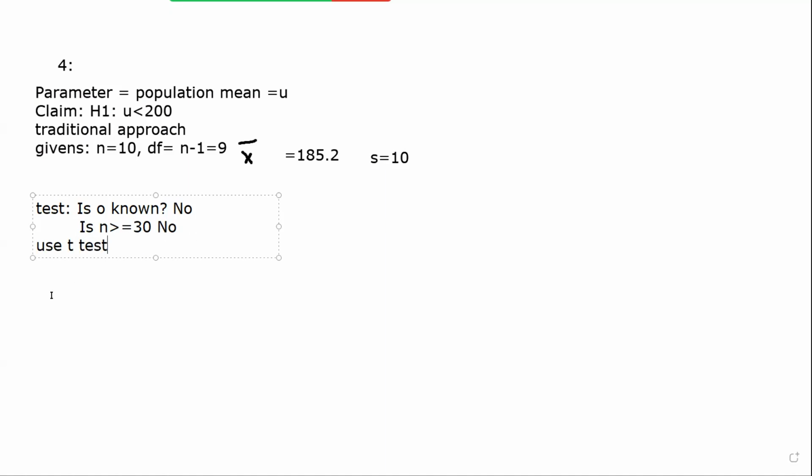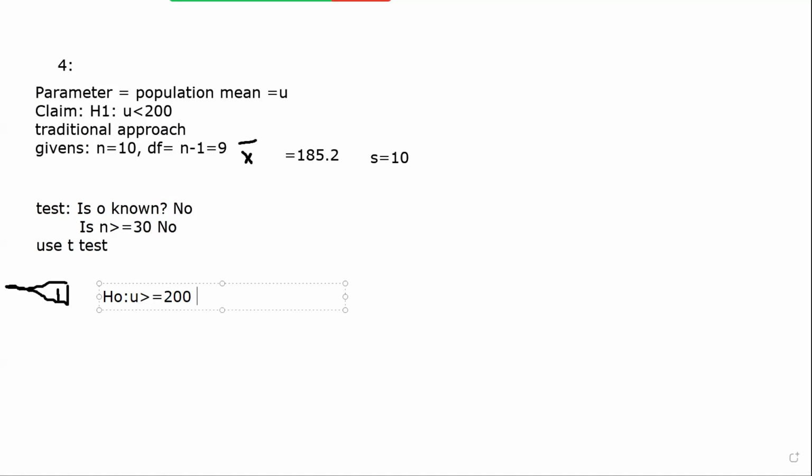Now we're going to start the 5 steps. So step 1, we write our hypotheses. Okay, so step 1 is going to be H0. Remember, our claim is less than, so our null is going to be mu is greater than or equal to 200 here.